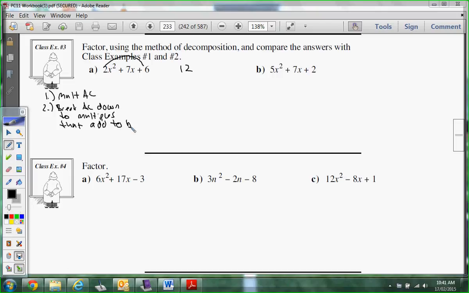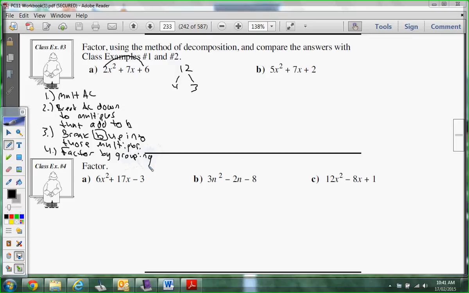Right, our 4 and 3. Okay, step 3, break B up into those multiples. And our last step is factor by grouping. That's kind of the steps we're going to follow.